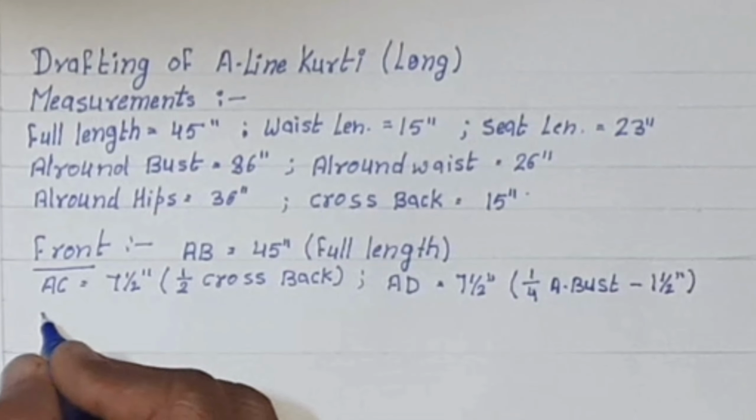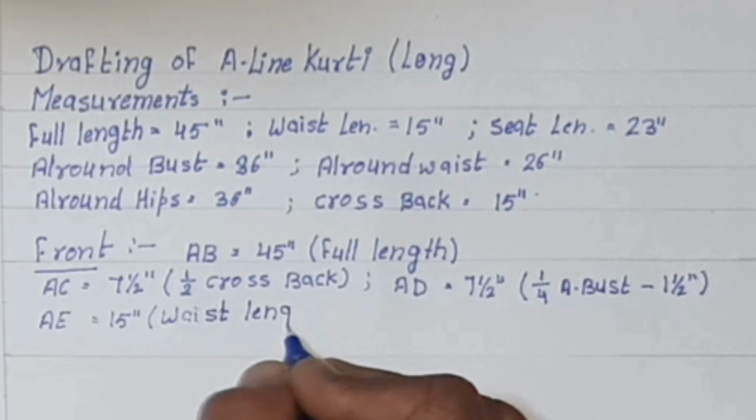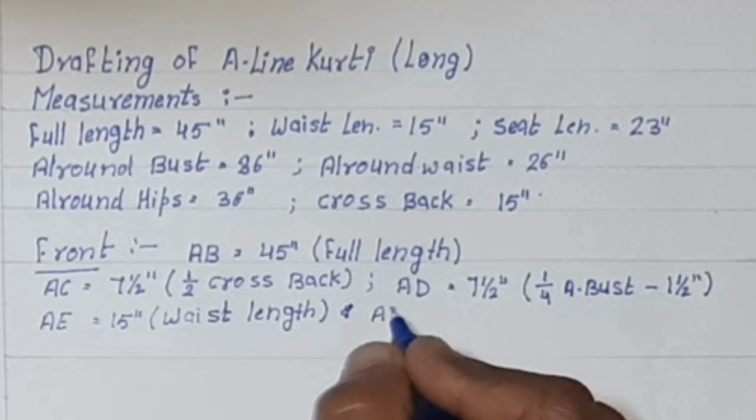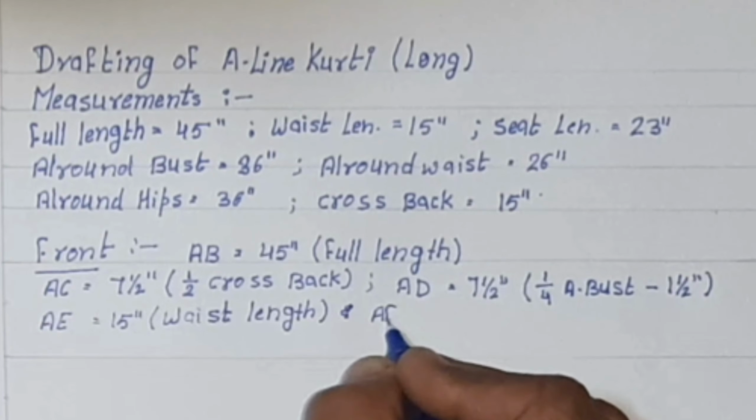Then AE is equal to 15 inches, that is waist length, that is the waist point. It will help you to give the shape of waist. AF is equal to 23 inches, that is seat length. Seat length is 23 inches as we have written above. So we'll take this as a seat length.